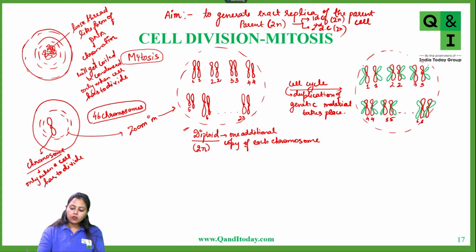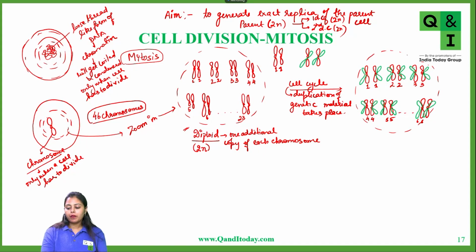Initially we were writing chromosomes like this, chromosome number 1's two copies, but after the replication, after the duplication of the genetic material, now I am writing the additional copy. Rather than this, I could have also drawn the additional copy like this, but I just drew it like this.